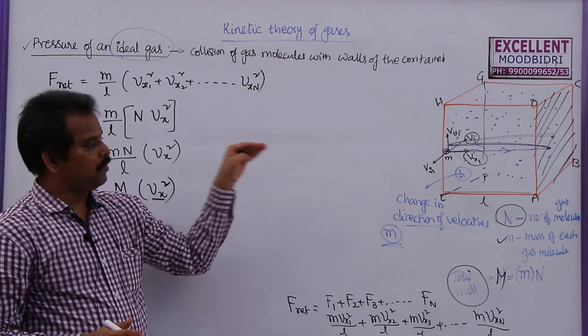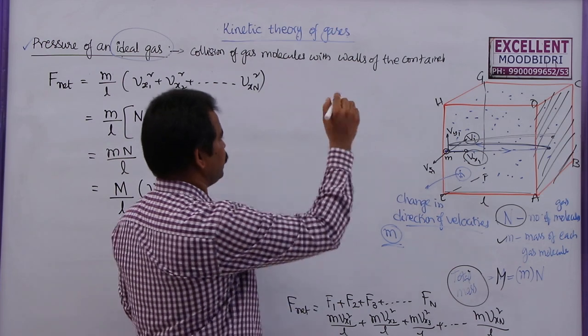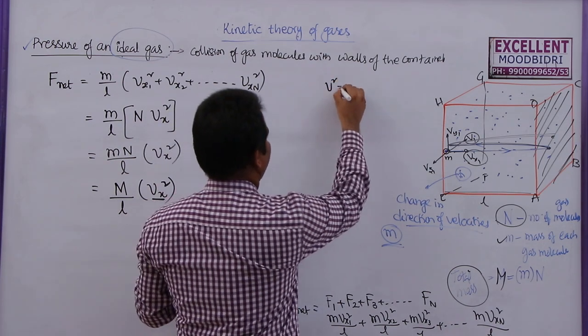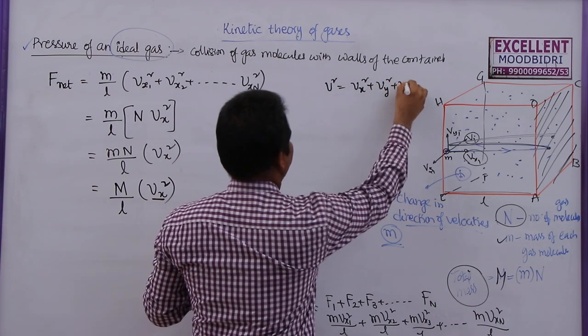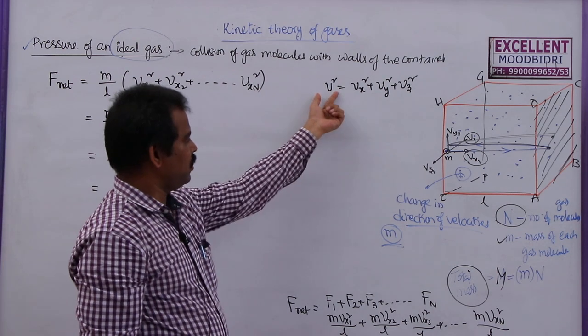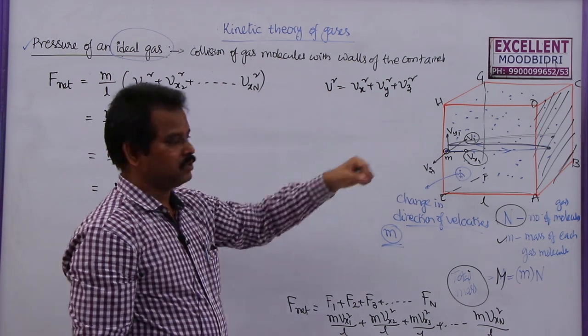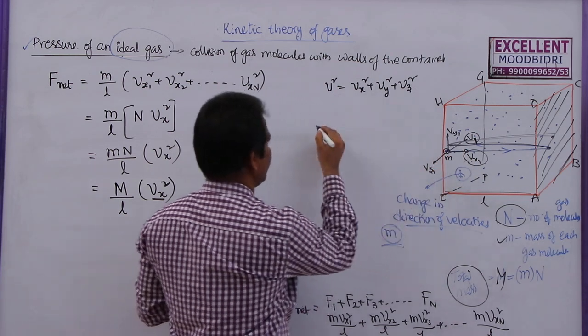But the molecule will never favor a particular direction. It may move along the x-axis, y-axis, or z-axis. So we can write v square is equal to vx square plus vy square plus vz square, or v is equal to the square root of this. This is how we can find the velocity of a particular gas molecule. So v1 square is equal to vx1 square plus vy1 square plus vz1 square.